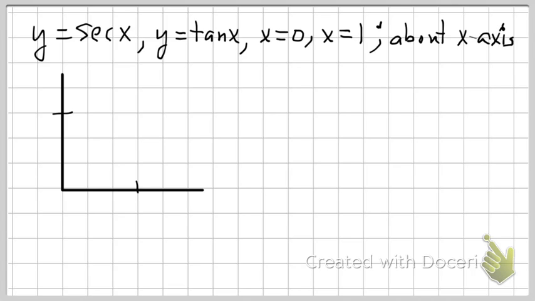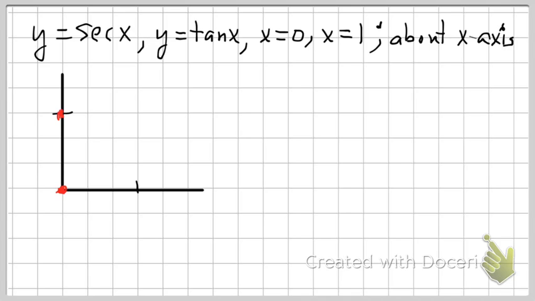So if I plug in 0 to each of these trig functions, tangent of 0 is 0, so that's 0, 0. Whereas secant of 0 is 1, so that's 0, 1, because cosine of 0 is 1, and so its reciprocal secant is also 1.